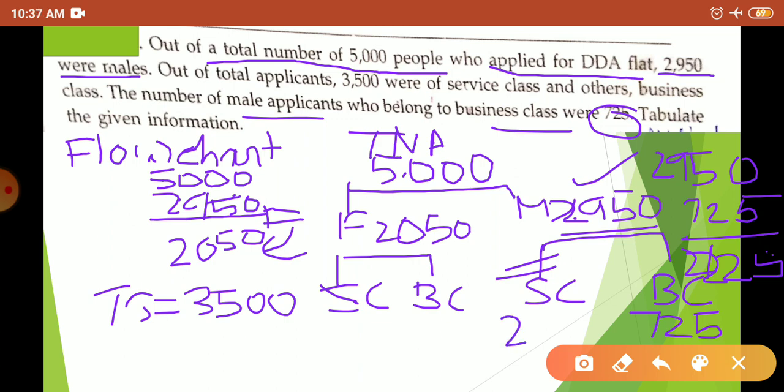So 2,225. How did we get this number? We subtracted this business class number from the total male number, 2,950.